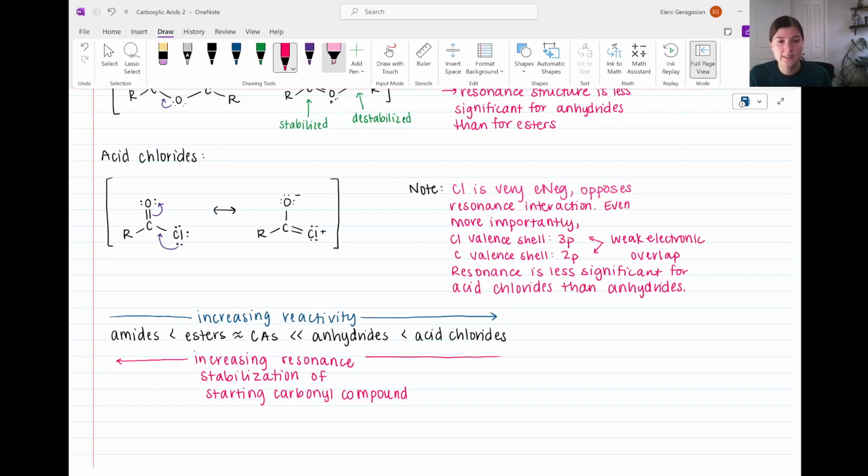So increasing resonance stabilization of carbonyl compound, amides have the most resonance stabilization because nitrogens are most electron donating, so that makes amides the least reactive, and then vice versa for acid chlorides.